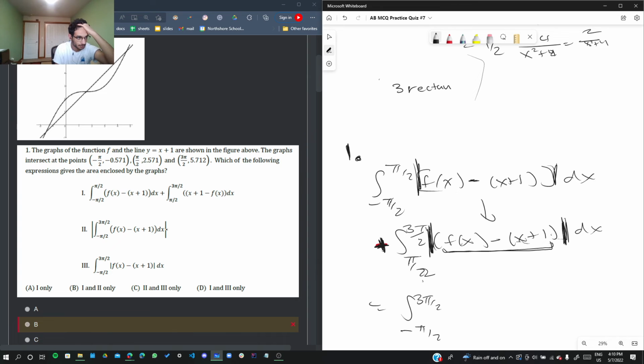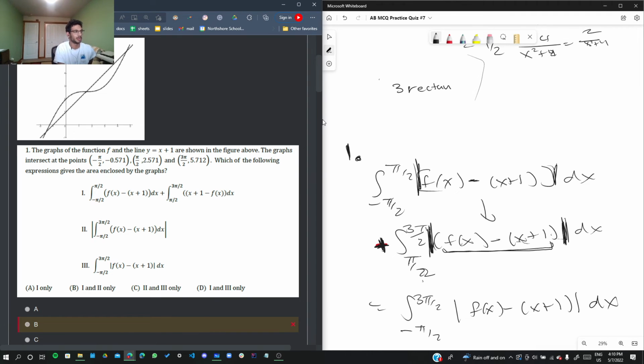Yeah, and then you have this right here. The reason why B is incorrect is that if you have f of x minus f1 of x after pi over 2, right over here, then you start to get negative area and they cancel each other out.